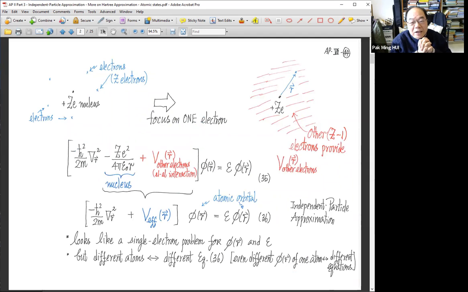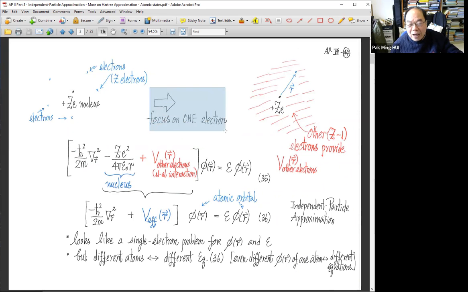So what we have discussed is the following, actually. Now generalize it to bigger atoms, but without the calculations, all right? So if I have atomic number Z, the nucleus will be plus Ze charge, positive. I have Z electrons.